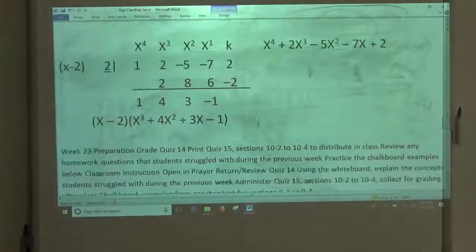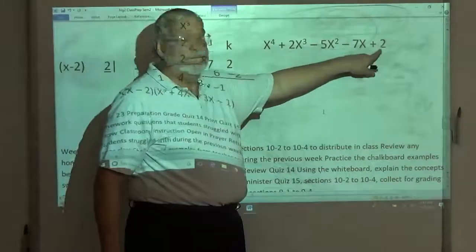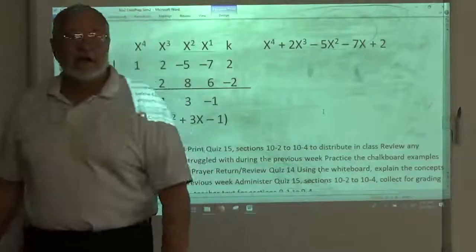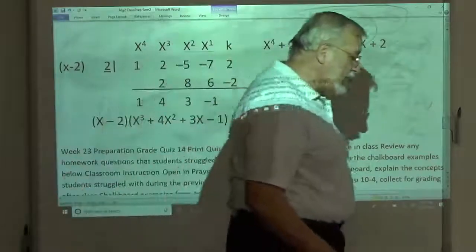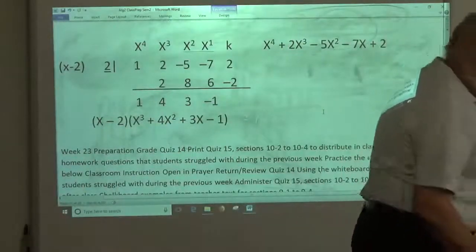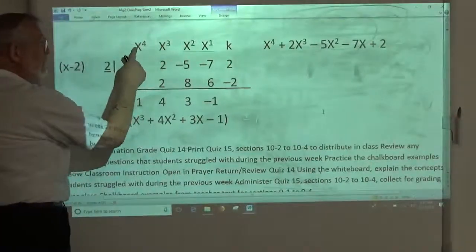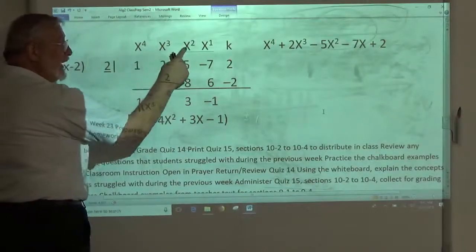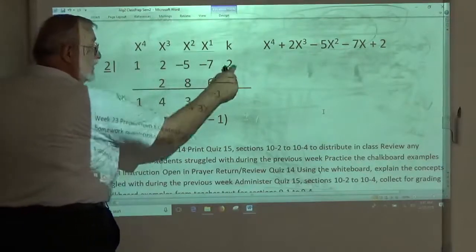Here's my polynomial, and I'm going to divide it by a binomial, x plus or x minus a. Now, what's going to happen is I am going to list the coefficients of the x^4, x^3, x^2, x^1, and x^0 terms.